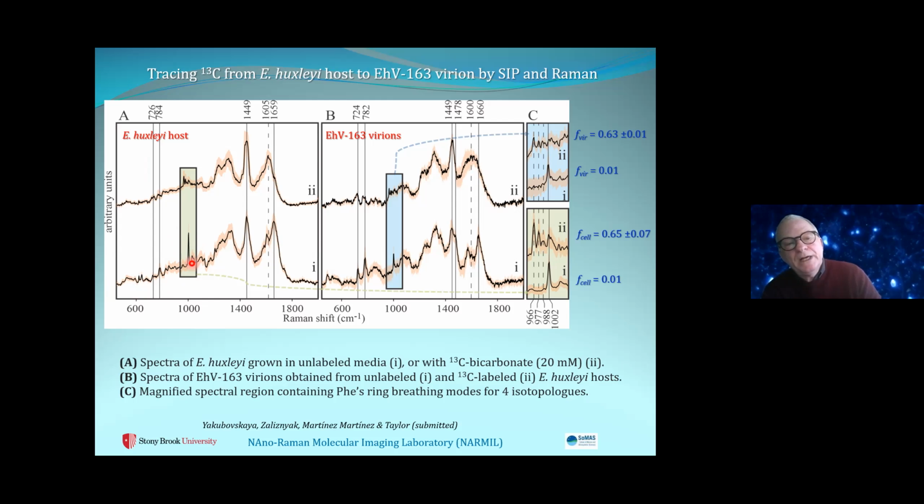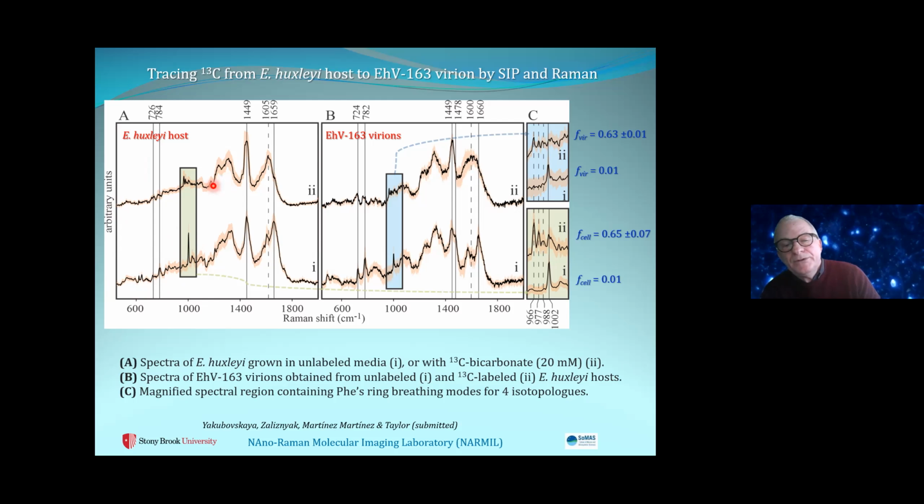That's the amino acid that is very sensitive to stable isotope enrichment. And this is an E. huxleyi cell that has been grown in heavy C13 bicarbonate. And you'll notice that rather than a single peak at 1002 wave numbers, we have multiple peaks. So we'll come back to that in a second.